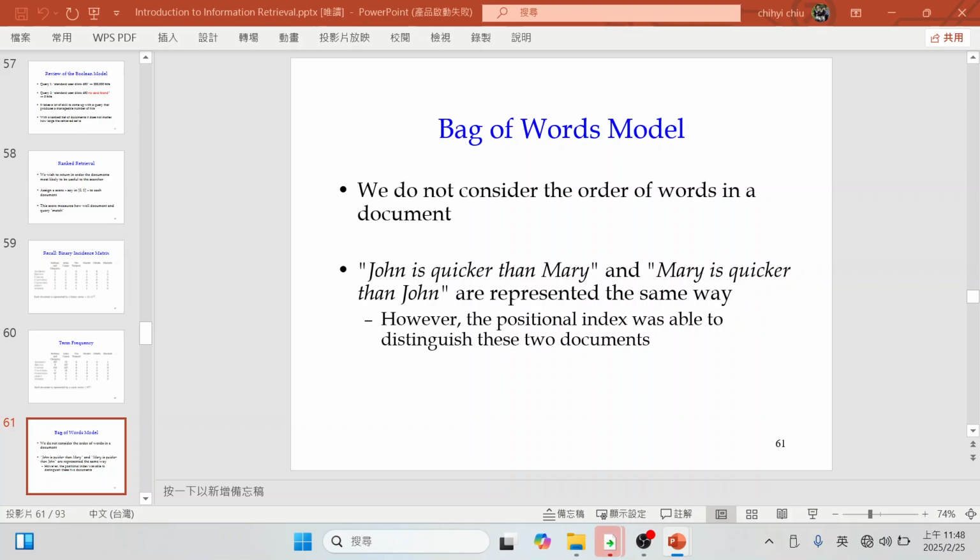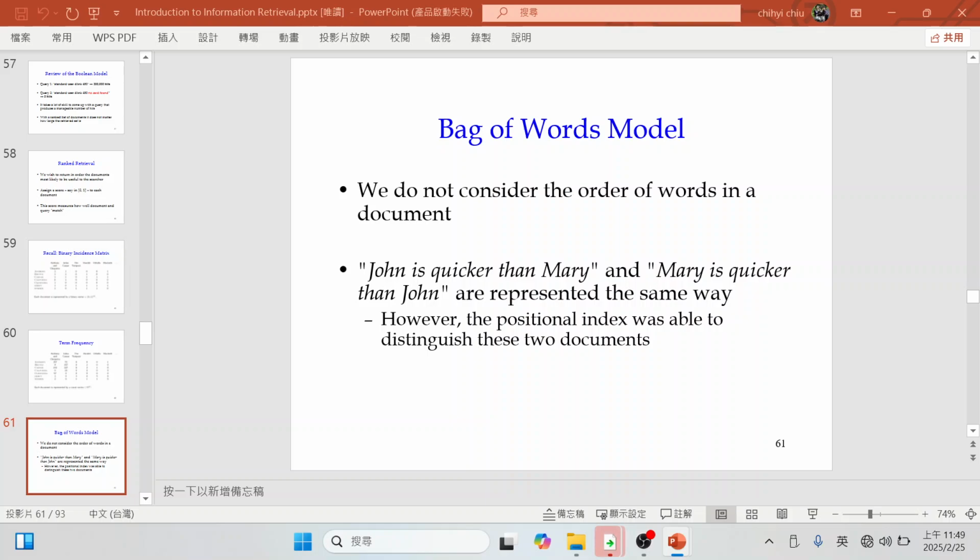The traditional framework is called a bag-of-words model. A bag-of-words model means you treat the document as a bag, and you count how many times words appear in this bag. In this model, we don't mind about the order of the words. We just count how many times each word appeared.